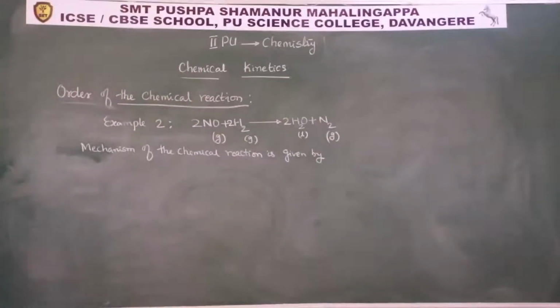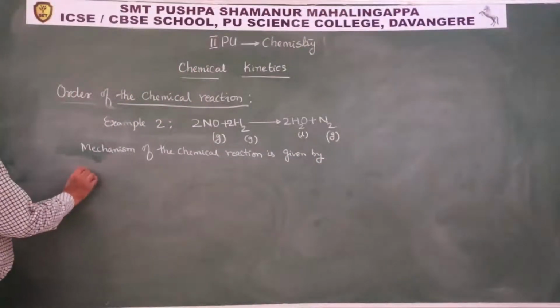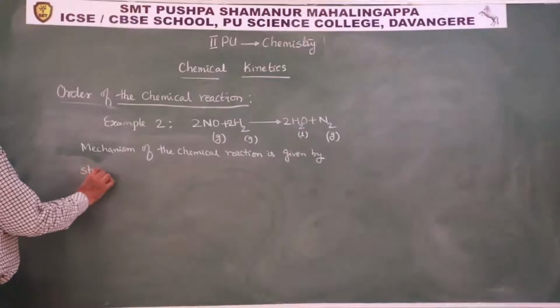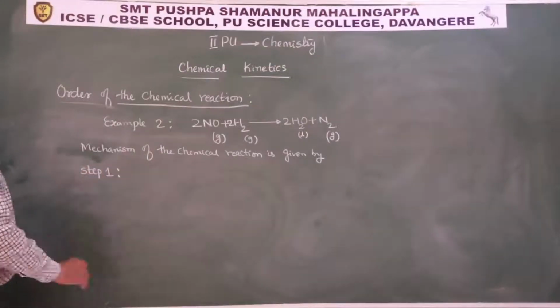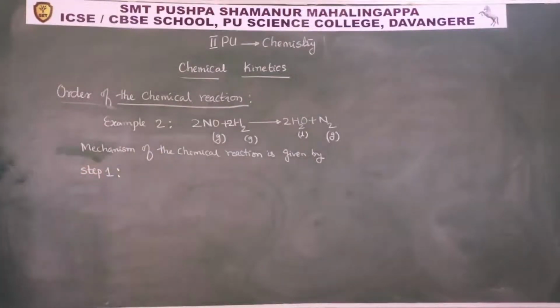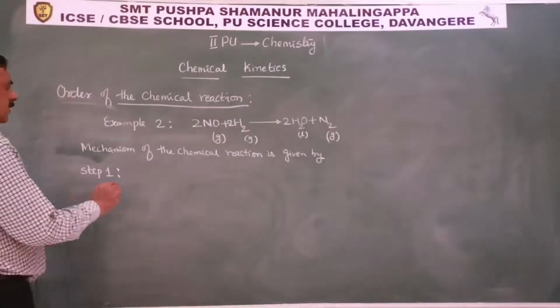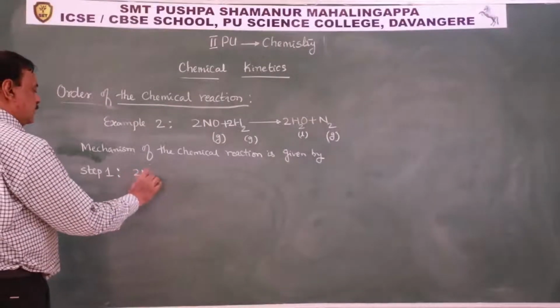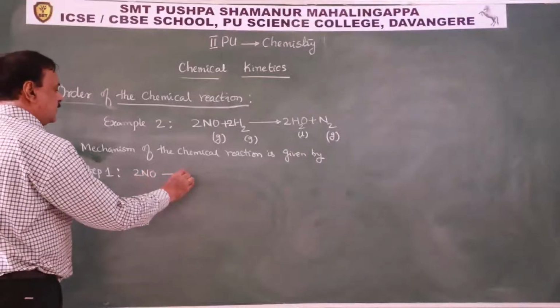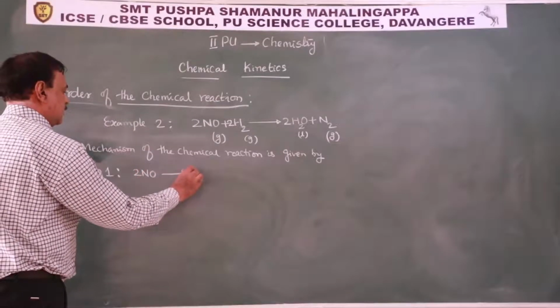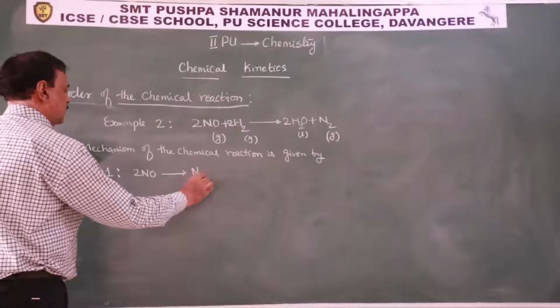The mechanism of the chemical reaction is given by step number 1. Step 1: 2NO gives rise to N2O2.